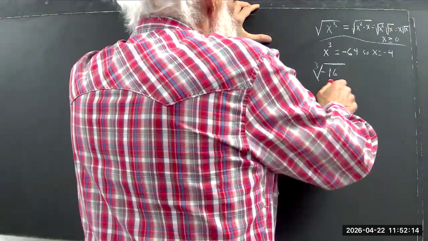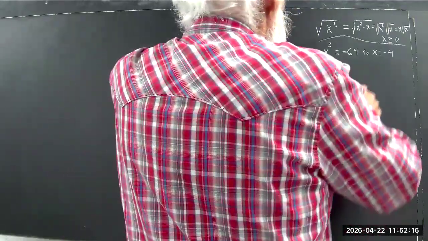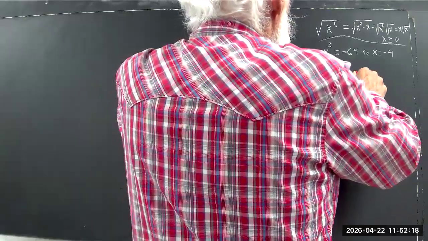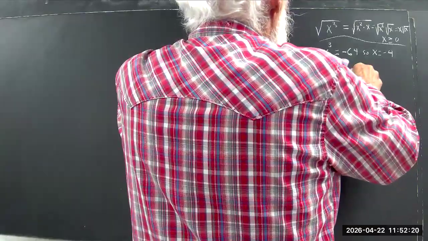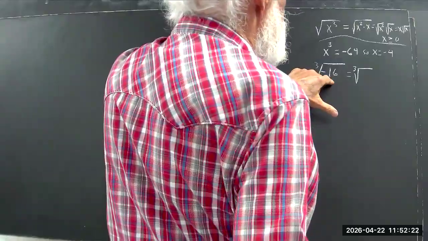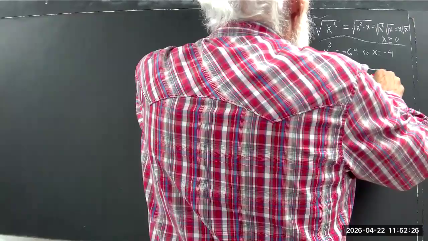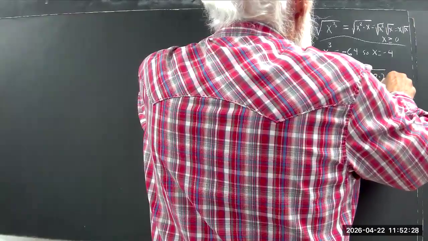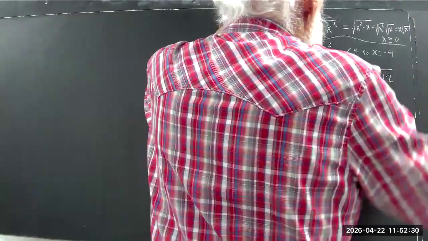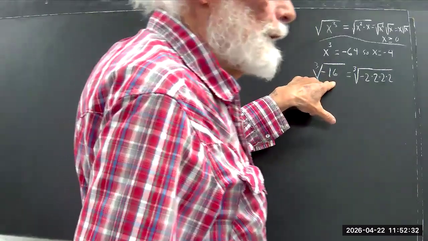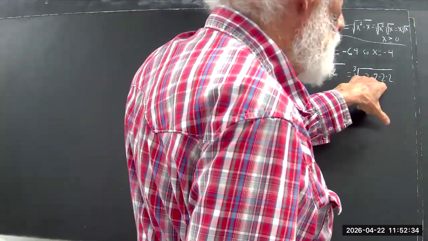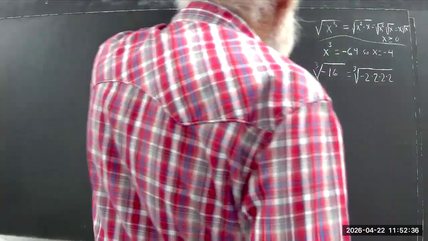Well, the cube root of negative 16 is the cube root of, well, the prime factorization of 16 is 2 times 2 times 2 times 2.